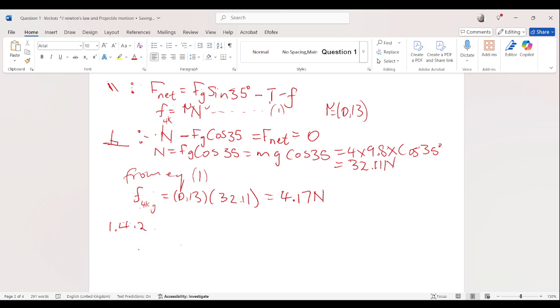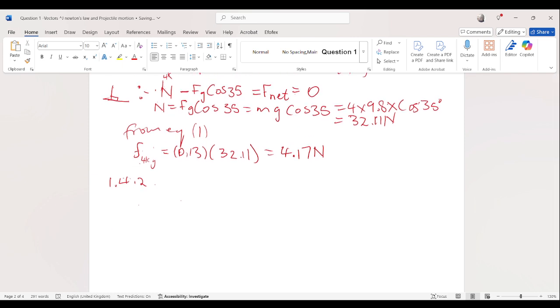Okay, let us solve the forces in the horizontal direction. Forces in the x.